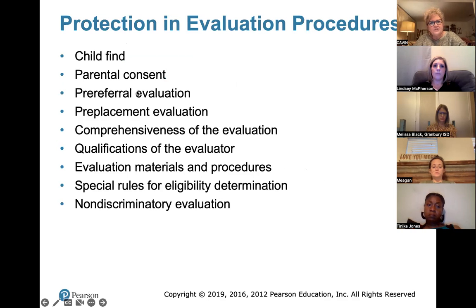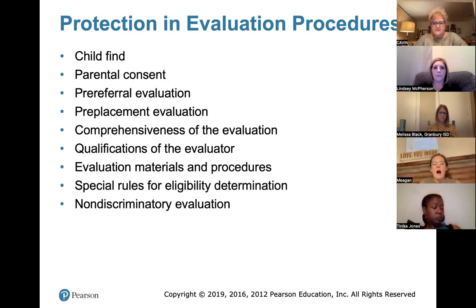So there are some protections built into the evaluation procedures. We've got Child Find on the front end that's going to help steer us toward the children that do need to be evaluated. We've got to have consent before we can start the process. We've got those steps of pre-referral. We've got steps that lead us up to placement. We've got to have that comprehensive nature of the evaluation process. Evaluators have to be qualified.